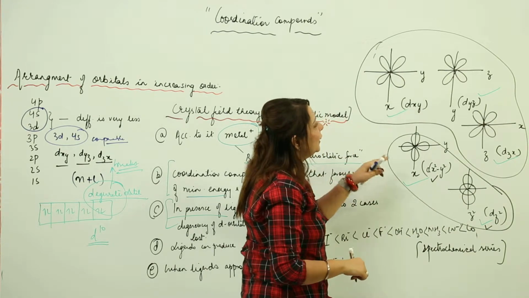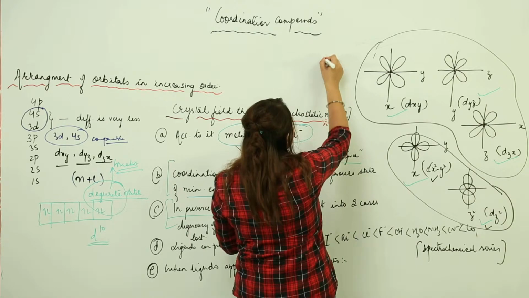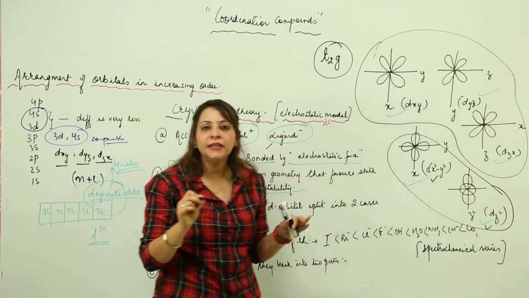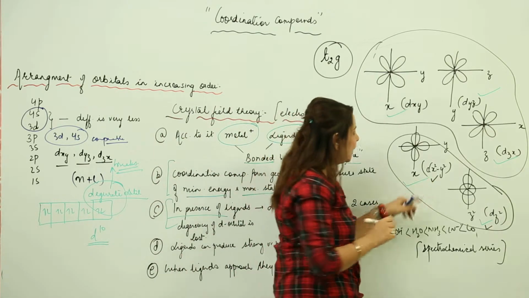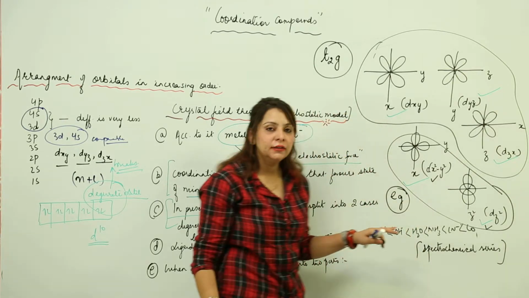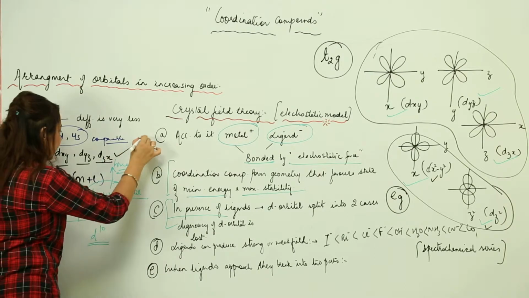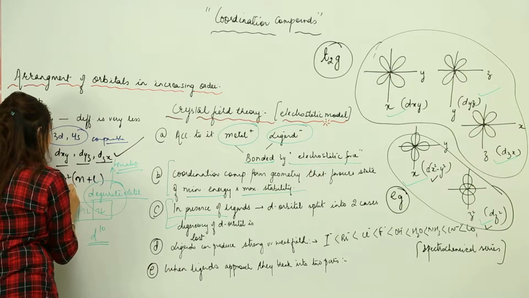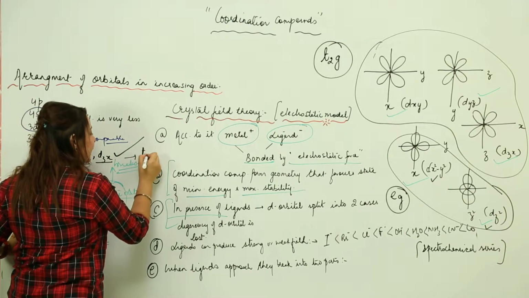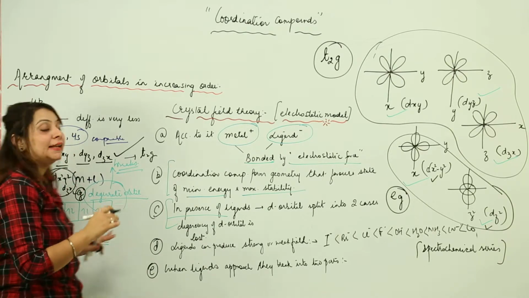So we indicate the energy of the first group by T2g, and the energy of the second group we abbreviate by writing Eg. So these are going to possess different energies, and dx square minus y square and dz square are going to possess a different energy. Their energy is indicated by T2g and their energy is indicated by Eg, right? So there is a gap actually.